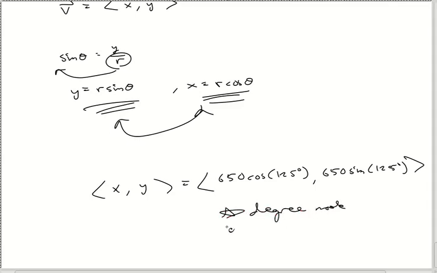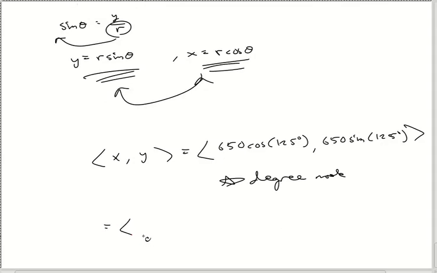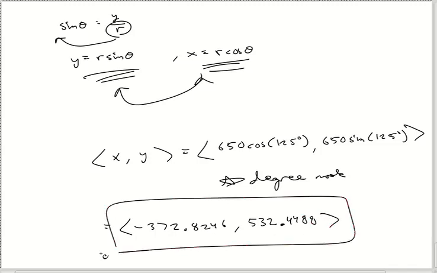Obviously, you're working with degrees here. And I got decimals, and that's okay. Negative 372.8246, and then I've got 532.4488. There's your answer. They are okay with decimals on this one.